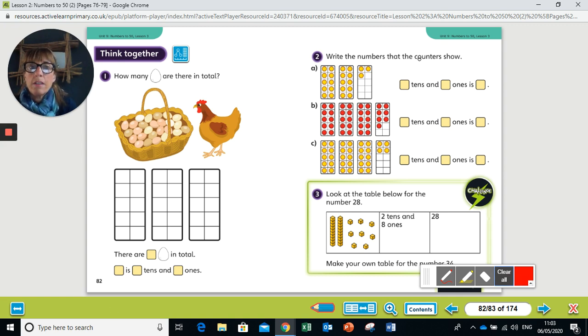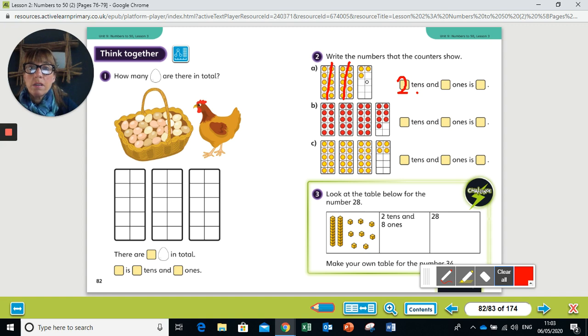Write the numbers that the counters show. So they've got some tens frames here, and we've got to work out what numbers are represented. So how many tens have we got in this representation? Well done. 1 10, 2 tens.